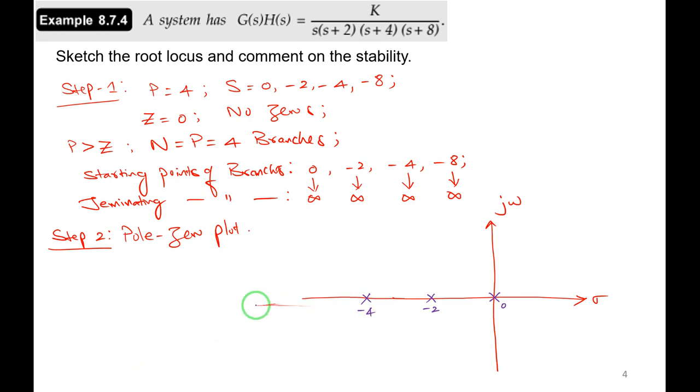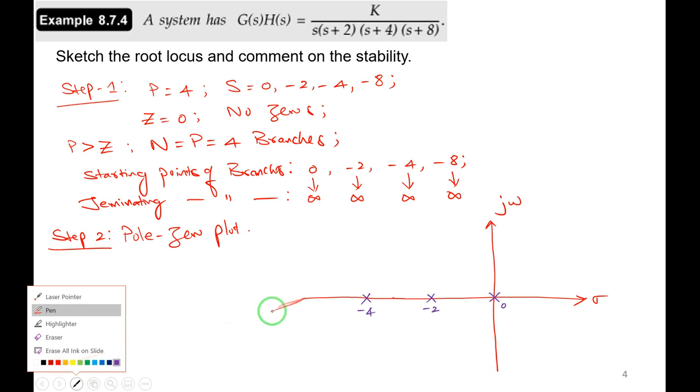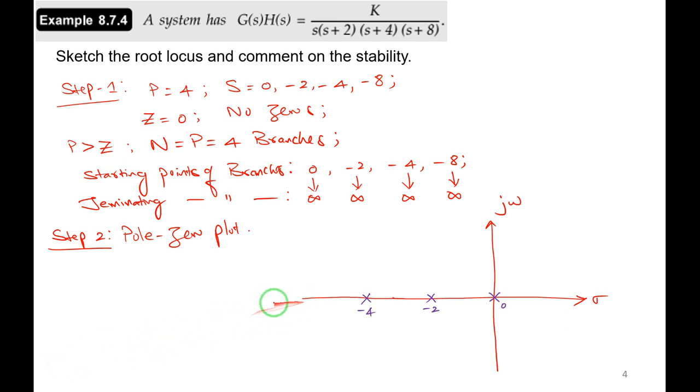Okay, let me extend this. Let me take red ink. Minus 8. Okay, 0, minus 2, minus 4, minus 8 are the locations of the poles. Then next, no zeros are there.